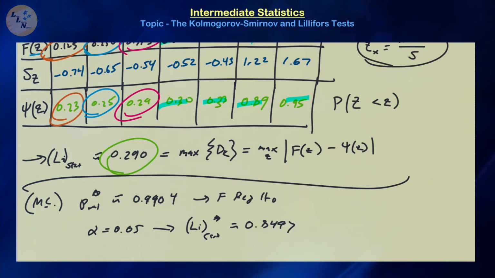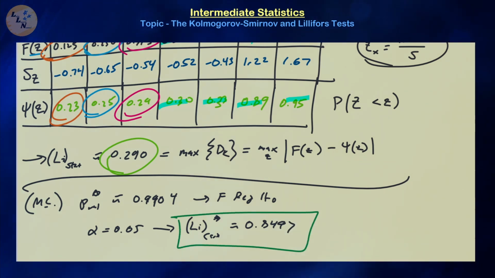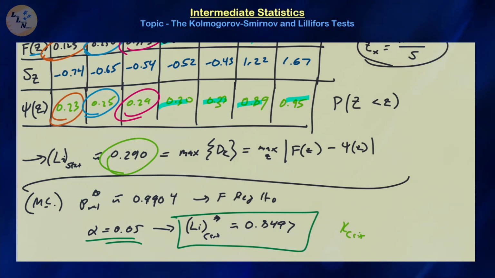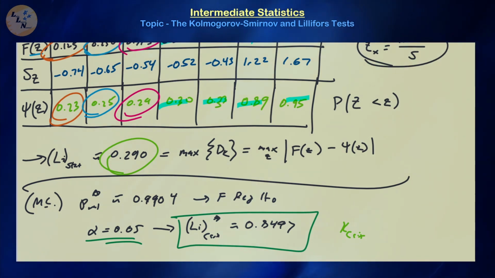0.8497. And if you refer back to the Kolmogorov-Smirnov critical value for an alpha value of 0.05, notice that they are at least empirically equal to one another, right? But they're actually not going to be equal to each other. The difference between a Lilliefors critical value and a Kolmogorov critical value is going to deviate more when you get to the tails. So when you get larger than 95%, or less than, I don't know, something like 25% or so, that's where the critical values start to deviate a lot.